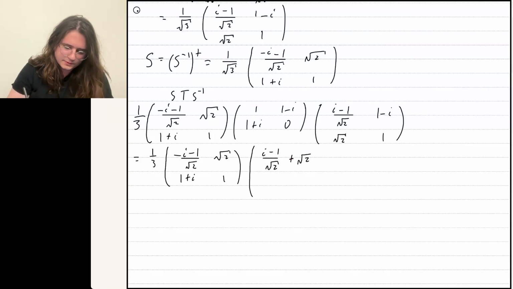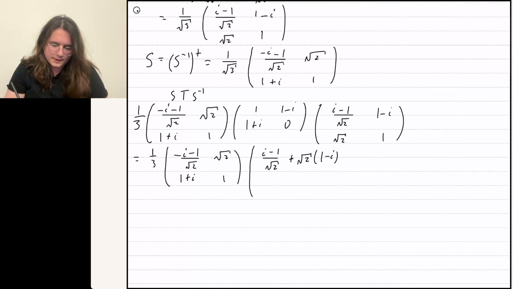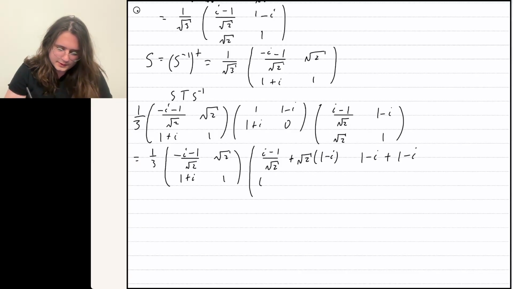So root 2, 1 minus i. Cool. And then we've got here 1 minus i times 1. So just 1 minus i. And then also 1 minus i times 1, so plus 1 minus i. And then we've got 1 plus i times a minus sign times 1 minus i.